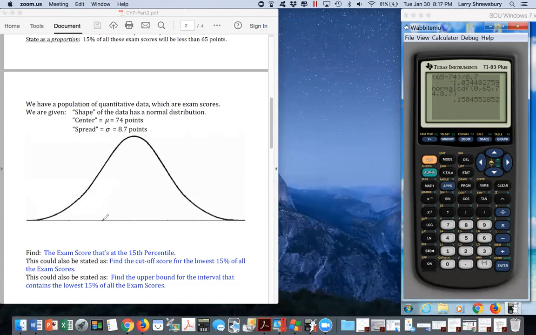I'll just say somewhere around here, and the area to the left here would have to be 15%. So there's a picture of the 15th percentile, where 15% of the population is below, and we're trying to find that point on the number line right there.